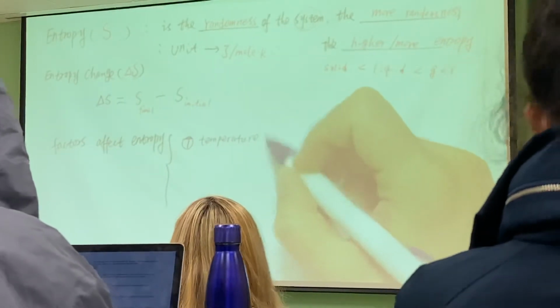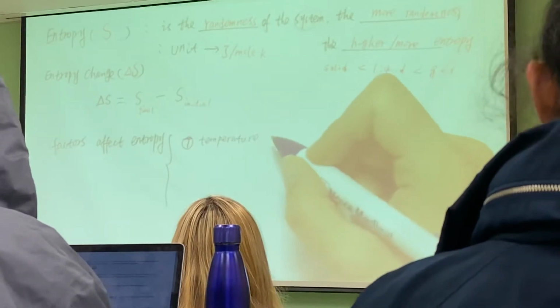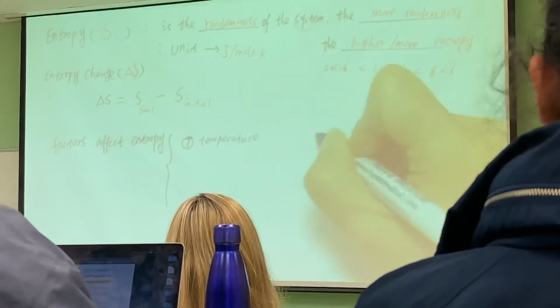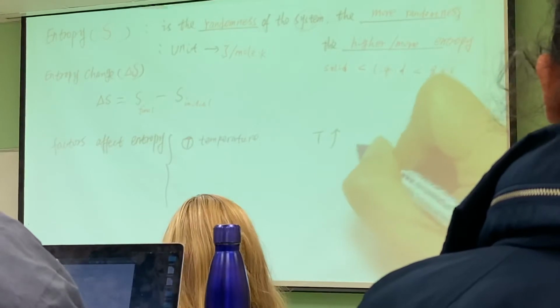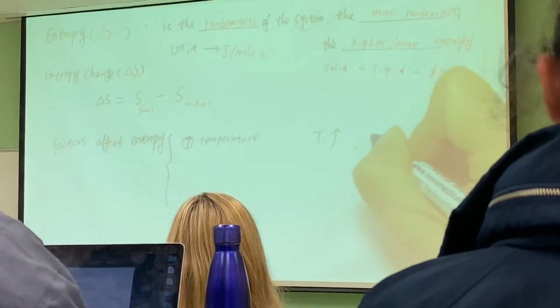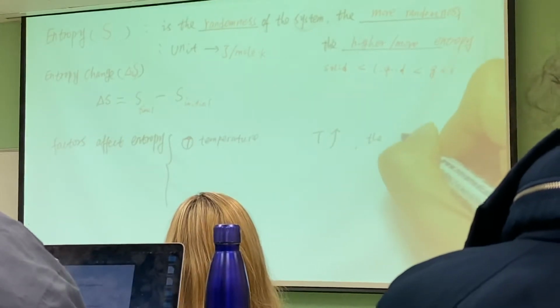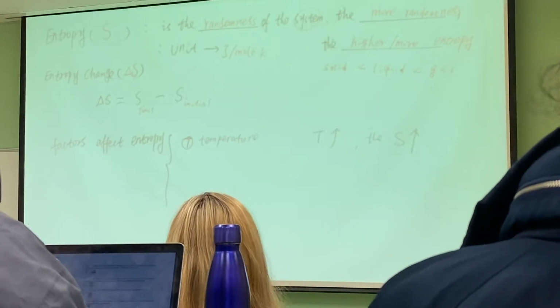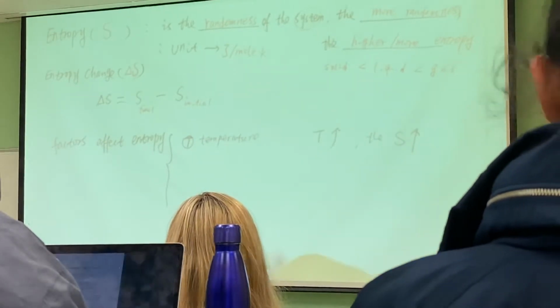In general, we say the higher the temperature, the higher the entropy you will get. As the temperature increases, the entropy will increase. Okay, it's a positive relationship.